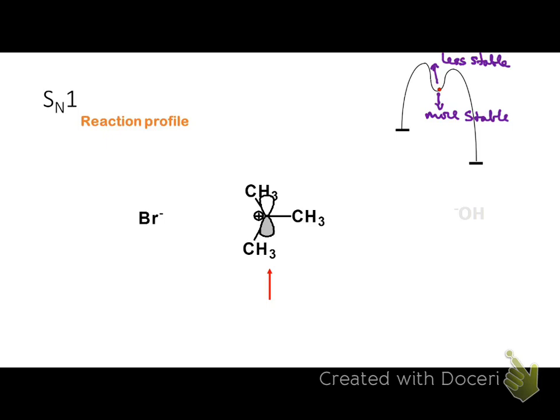Like I said, the intermediate is what's in the saddle of the energy diagram. The intermediate is flat, and it has this p orbital on it. And when the nucleophile comes in, it could either come in from the top side or the bottom side.